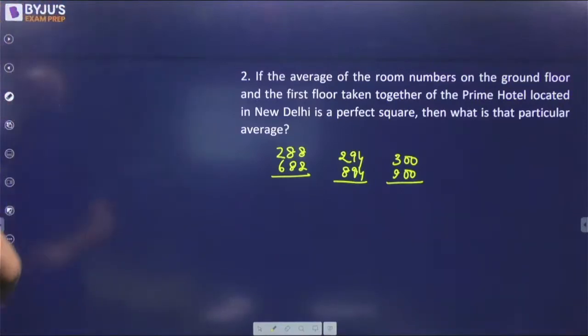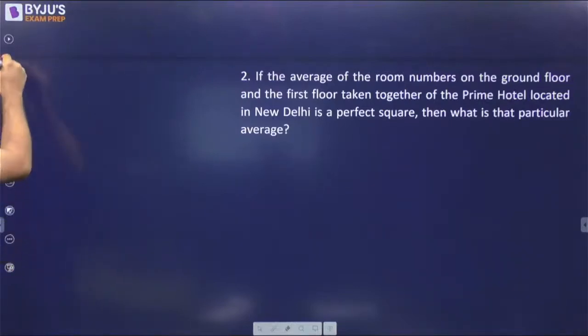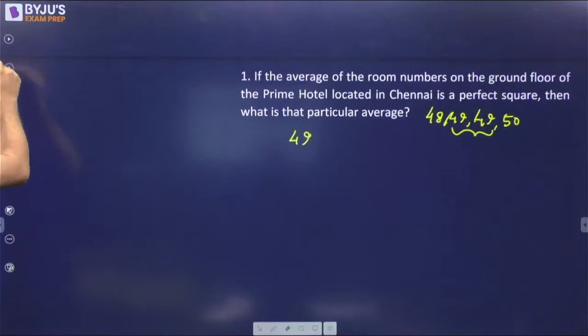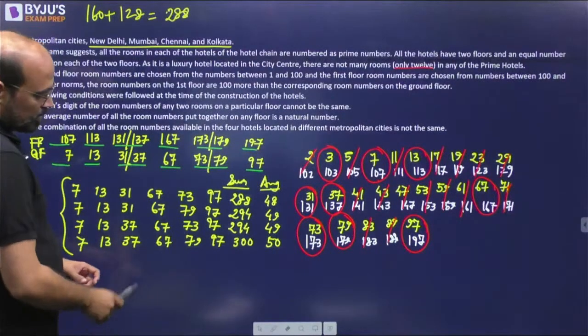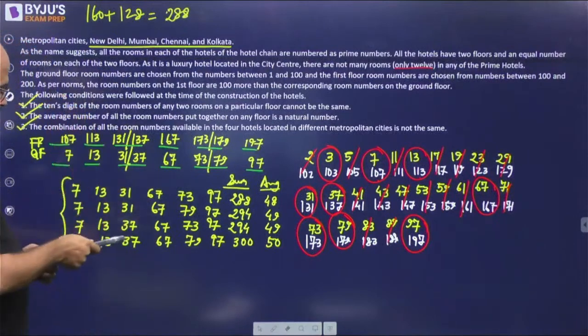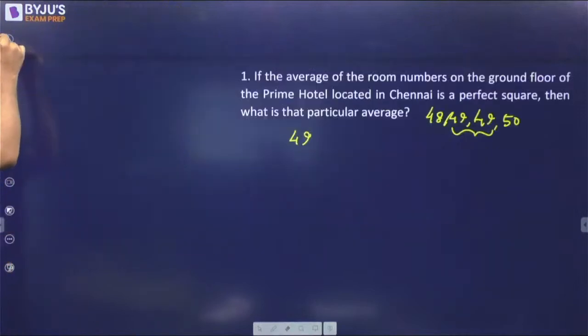Typical question. Let's look at the data and understand. They are saying the average of the numbers on the ground floor and the first floor. Okay, got it.